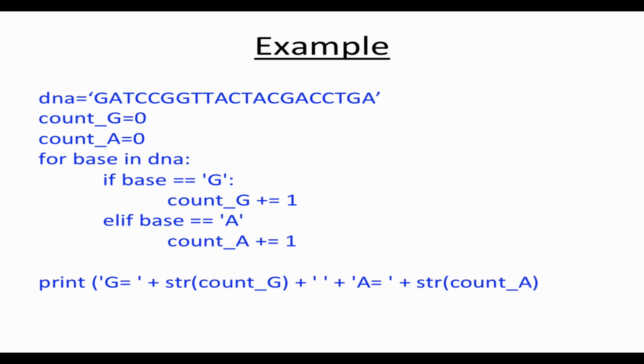Important programming skill is that if you want to keep a tally of things, a running count, you have to initiate that count outside of the loop. If you initiate the count in here after the for, it'll get reset to 0 every time you go around the loop. And so you'll end up with either 0 or 1 as your count rather than a proper count.